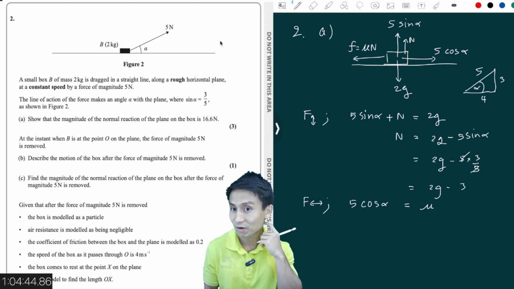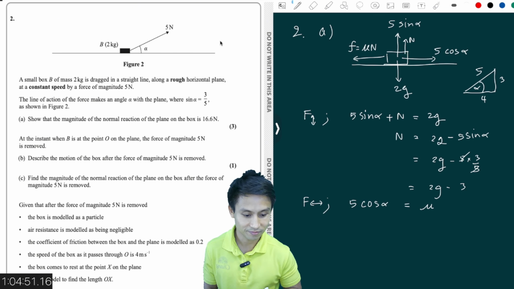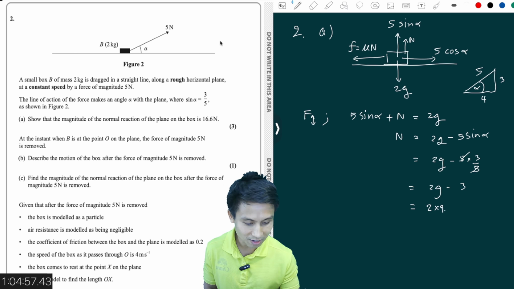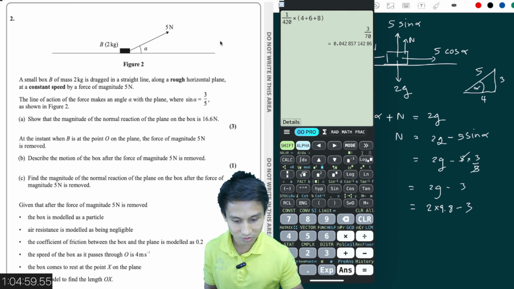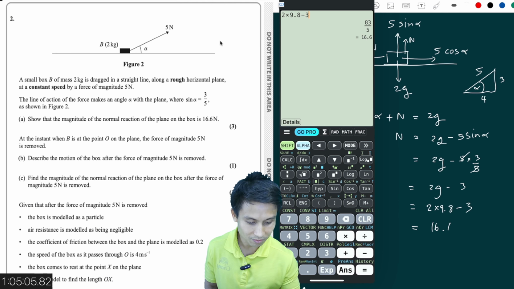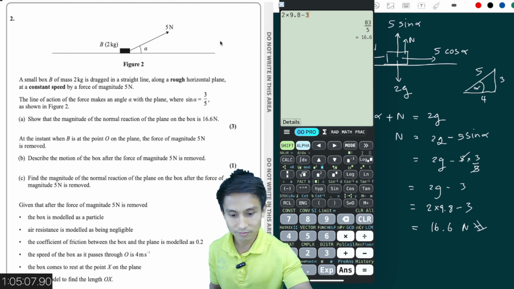Because this is a rough plane. Oh, I think part A we need to show that N is that, right? So 2 times 9.8 minus 3, yep, 16.6 Newtons as required.